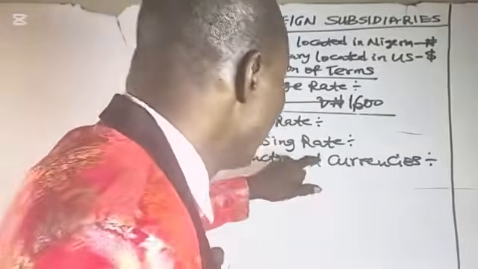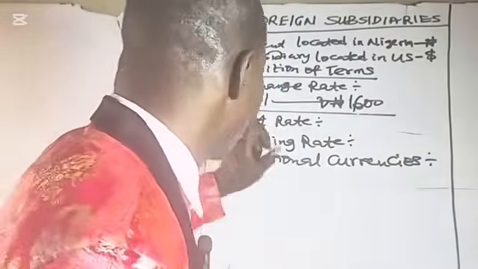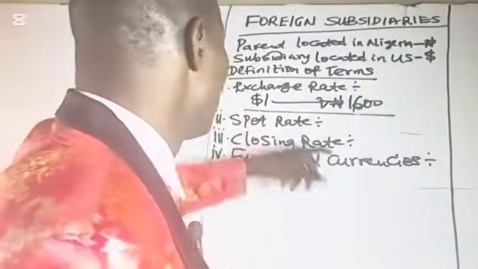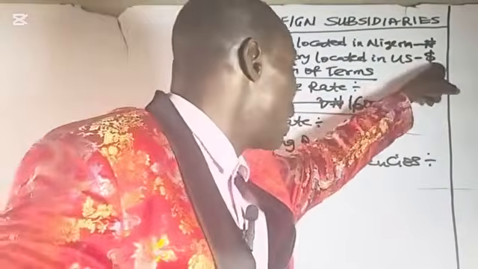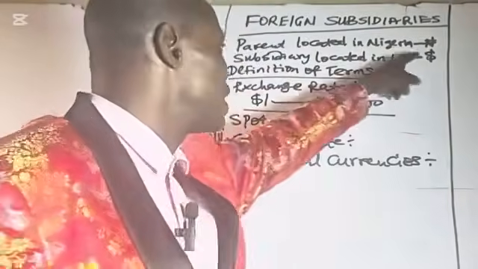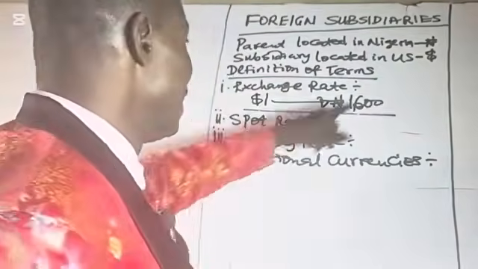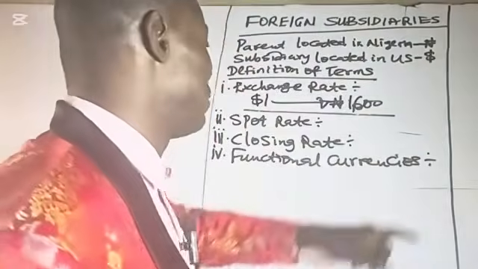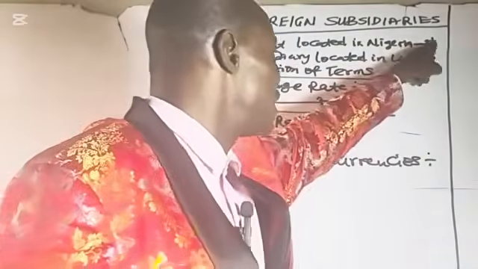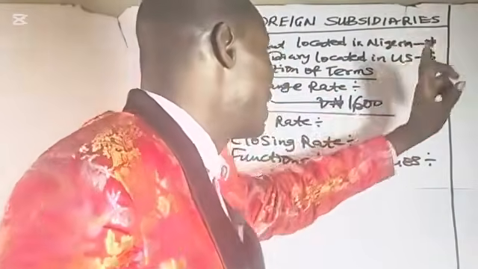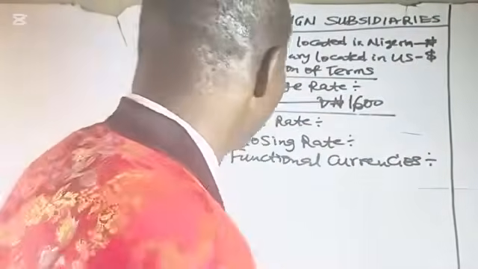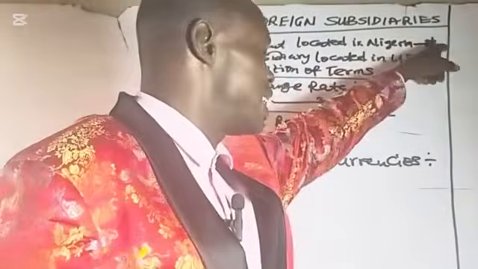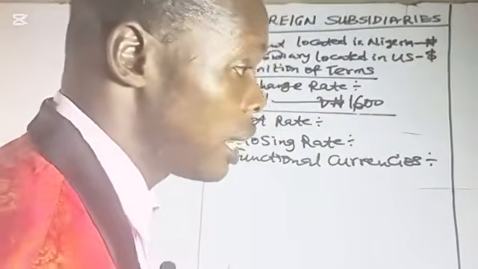If the entity operates in the US, the currency in the US is the dollar. That means the functional currency of that entity is the US dollar. If the entity operates in Nigeria, the currency in use in Nigeria is the Nigerian naira. So the functional currency of the entity that operates in Nigeria will be the naira.